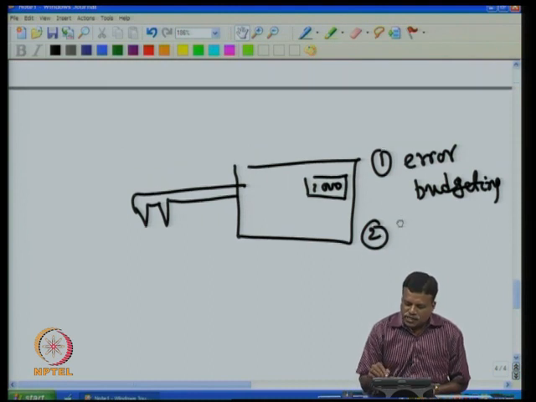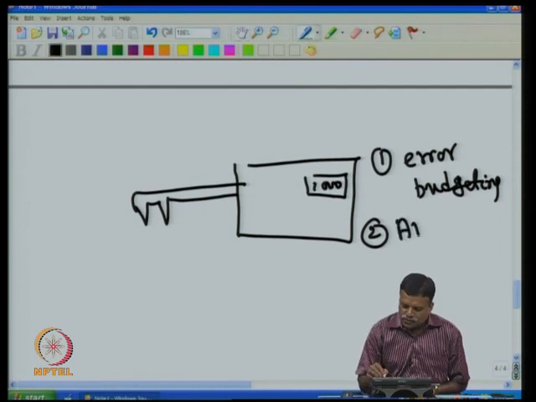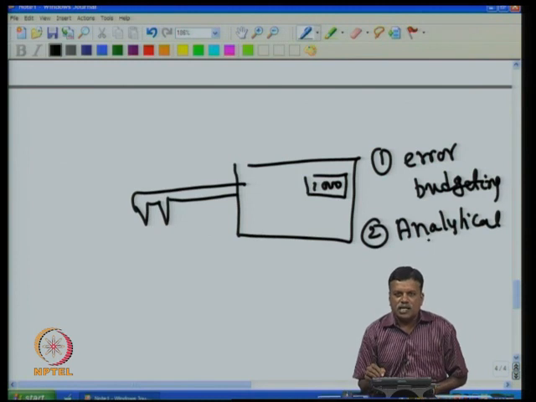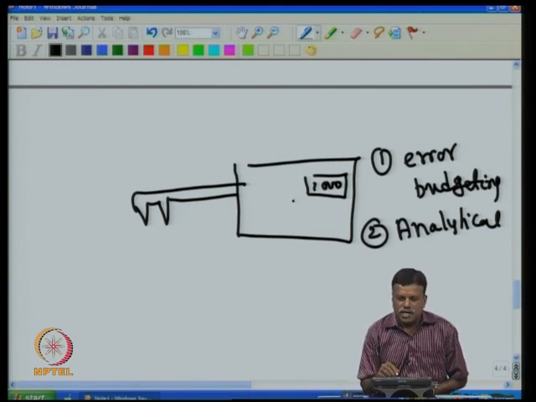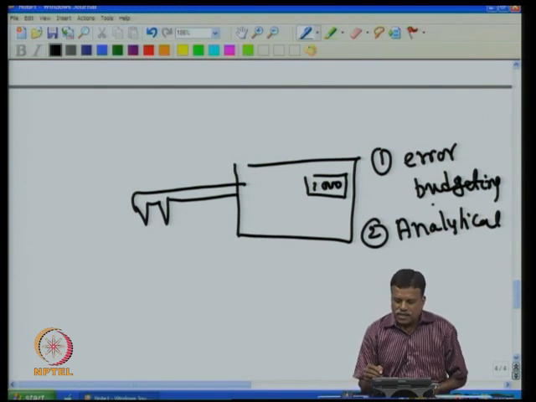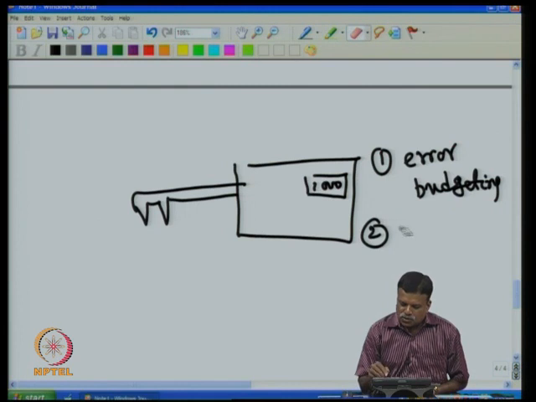So it needs a lot of analytical thinking, because it is not just logic alone. The same given circuit can be designed in different ways, and each design can give a different type of error, and may cost differently. So I should be able to synthesize or create a new circuit, and that skill one has to acquire. So I would say that more than the analytical skill, the circuit design skill is the second aspect you have to learn.